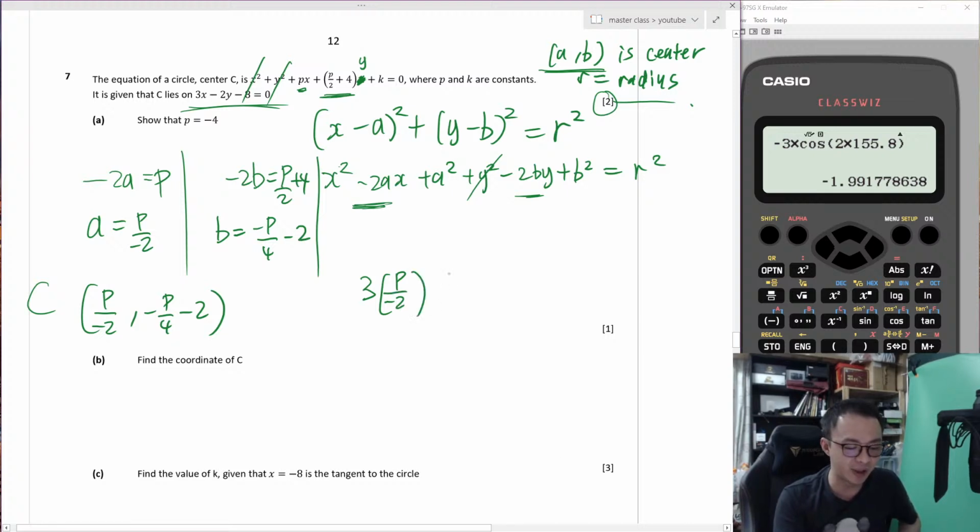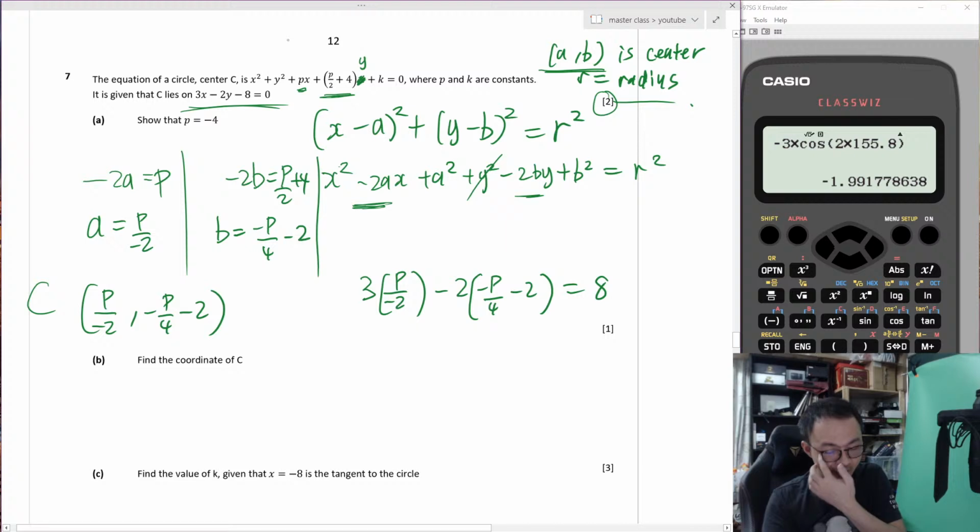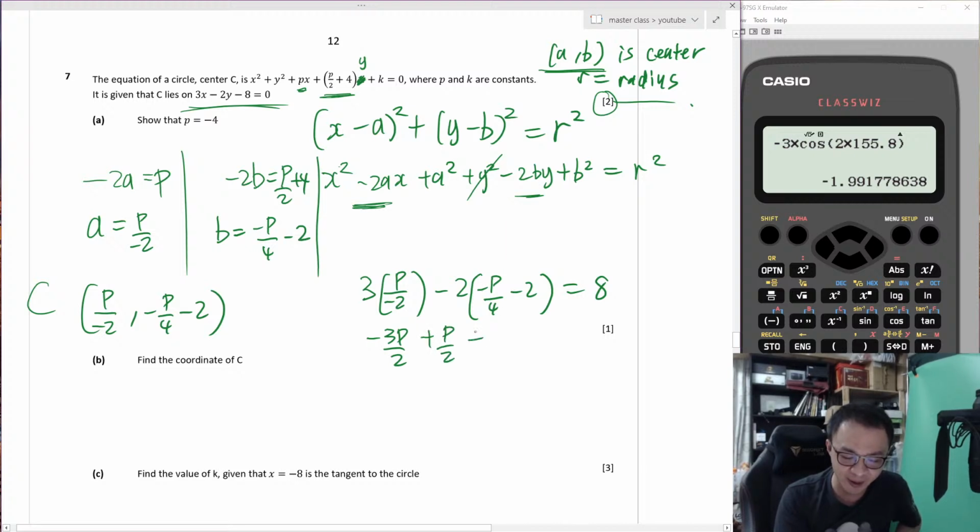The negative you can put at the middle or top, it doesn't matter. y will be negative p over 4 minus 2, equals 8. Okay, from here, I will get negative 3p over 2, plus p over 2 plus 4 equals 8. So negative 2p over 2 equals 4. p equals negative 4. Shown.